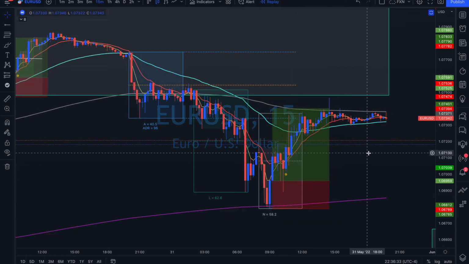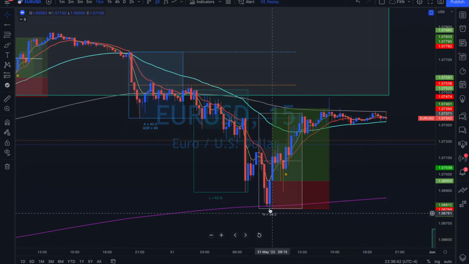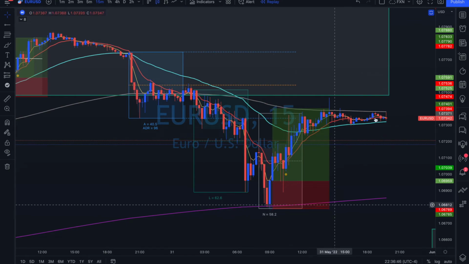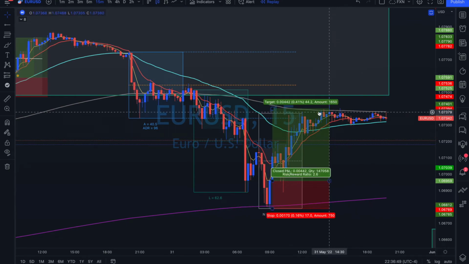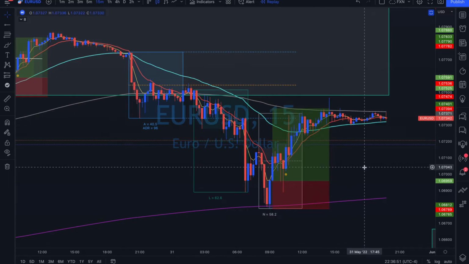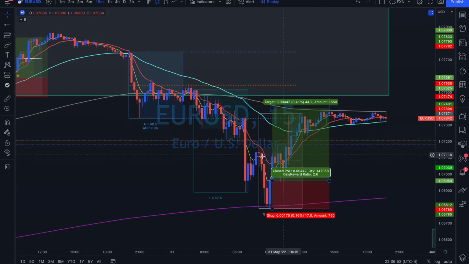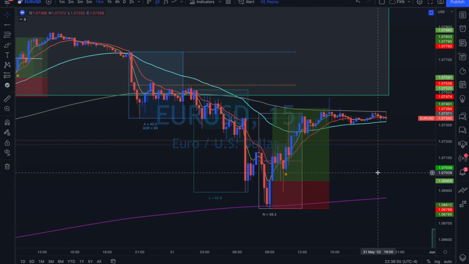So not only on this particular trade setup could we use the 800 to help confirm the trade setup, but we also use the 200 as a take profit point to get us out of the trade, because as you can see, price action literally went right up to the 200 and started to move sideways because, again, the EMAs act as a form of support and resistance.